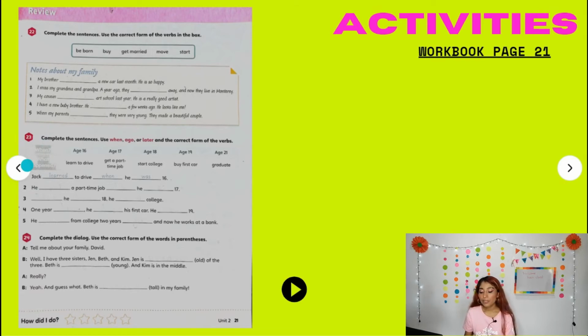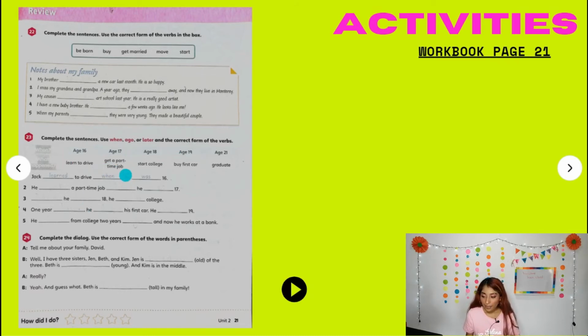So when you're finished, you can go to activity 23, and the instruction says, complete the sentences, use when, go, or later. You can find these words on the internet in the translator, and then correct the form of the verbs. So you have when, age 16, 17, 18, 19, and 21. What happened?